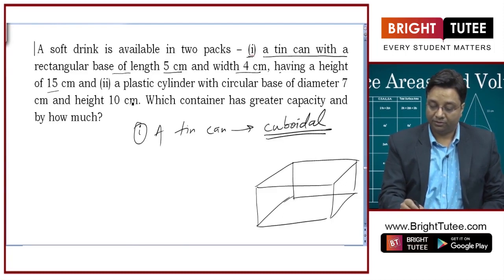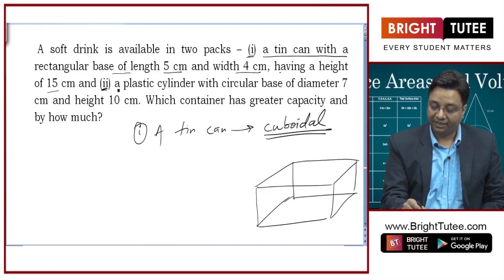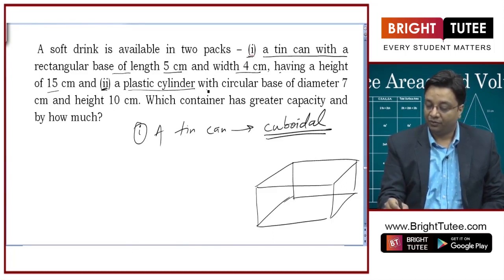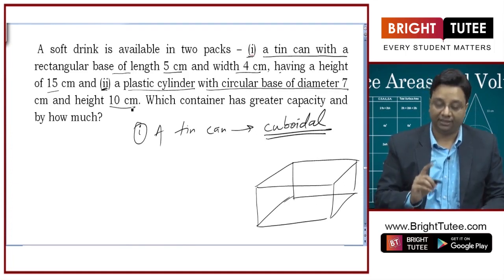Let us look at the next part of the question first. The second type of container is a plastic cylinder with a circular base of diameter 7 cm and height 10 cm.